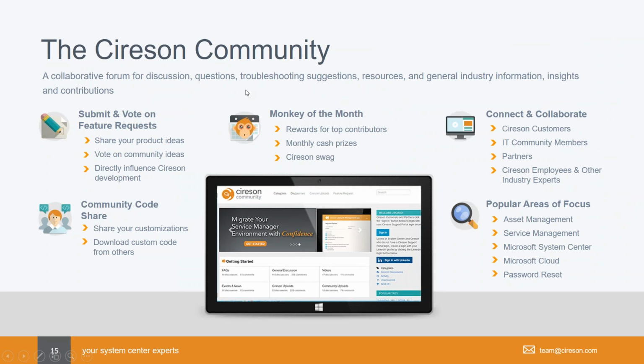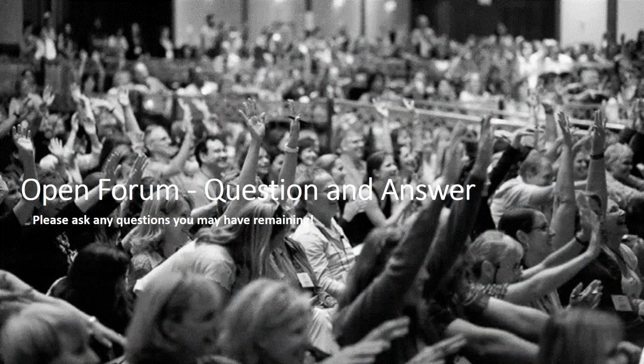On the Cireson Community site, there's a specific section for the CMP Community Edition, where you can ask questions, and people such as our main developer, myself, will be up there answering questions for you. If you're trialing the environment, you can ask questions, or if you've been playing around and want to submit feature requests, there's an area to submit feature requests as well. So you can go ahead and join that. It's a free environment for you to join and ask questions.